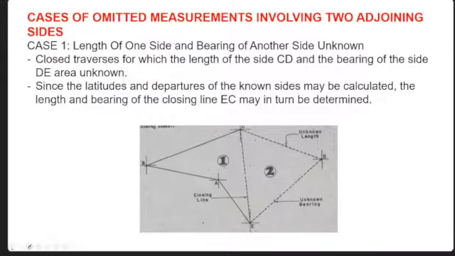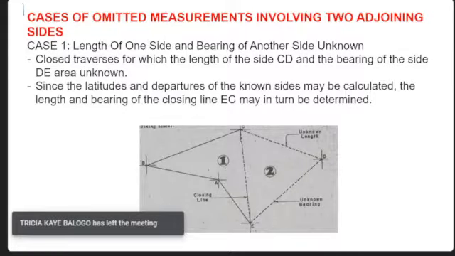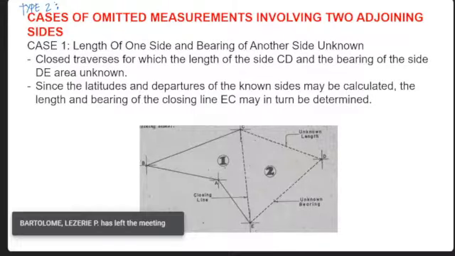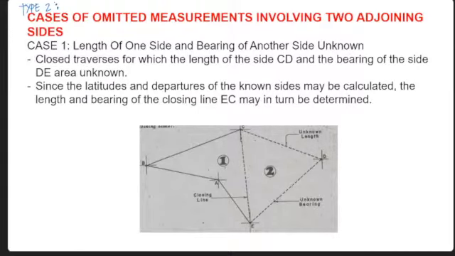So next tayo is the next type ng ating omitted measurements, type 2, which involves two adjoining sides. So dalawang magkatabing sides. The first case is length of one side and bearing of another side unknown.